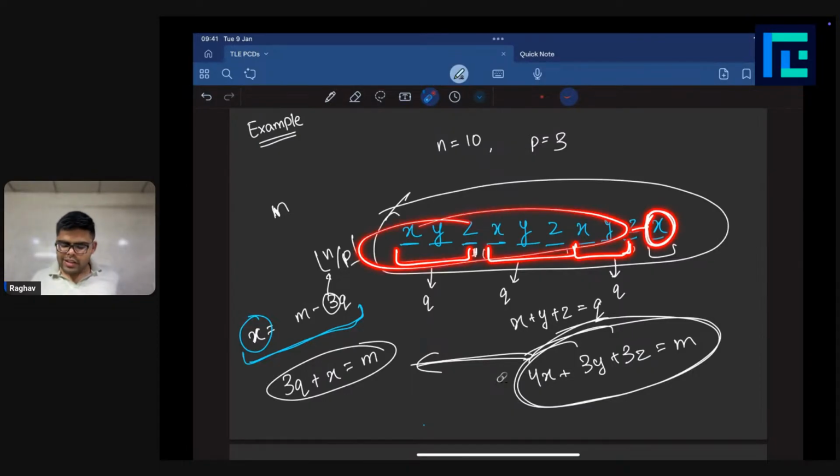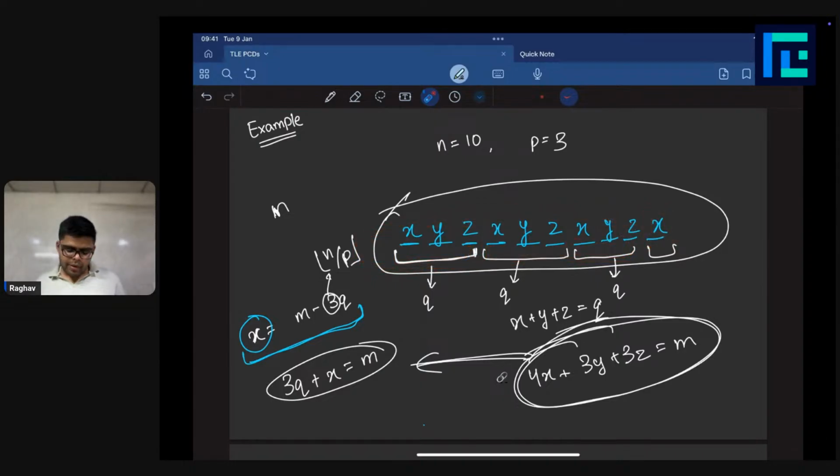These 3 blocks, each one of them will have the sum q. So the total sum of these 3 blocks would be 3q plus this last free guy, that is x. So 3q plus x must be equal to m. You can rewrite the condition in this way also, right?